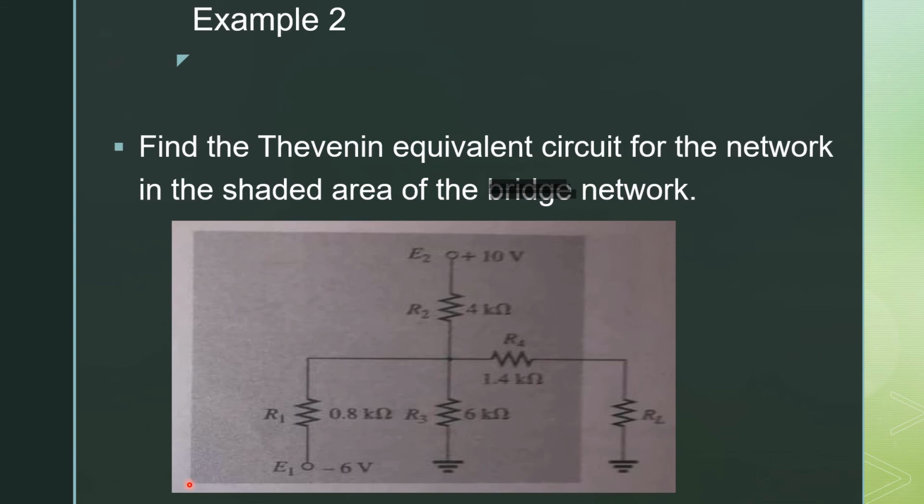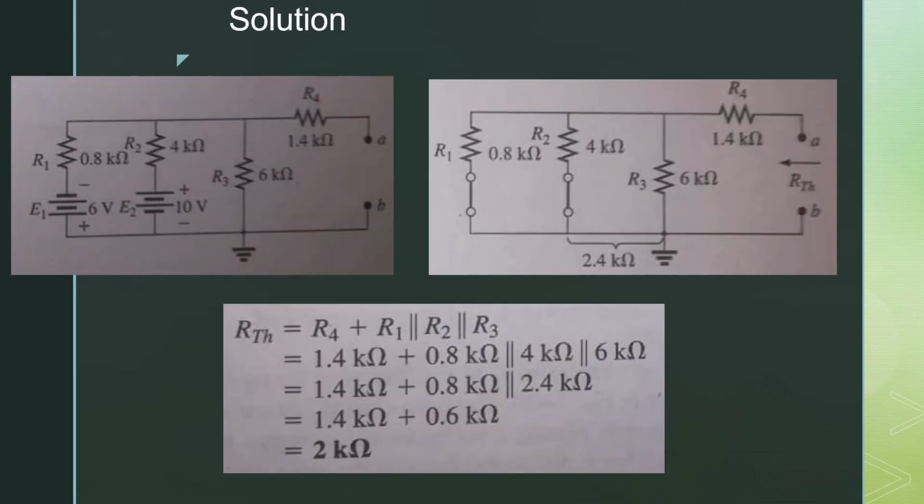So in the next example, we have to find the Thevenin equivalent circuit for the network in the shaded region. RL is the load resistor across which we have to find the Thevenin equivalent circuit. In the first step, remove RL from points A and B. Now to find R Thevenin, we have to set the voltage sources to 0 and replace all these sources with short circuits.